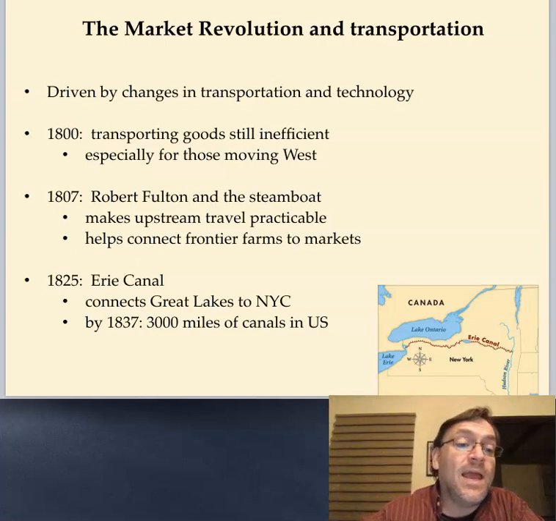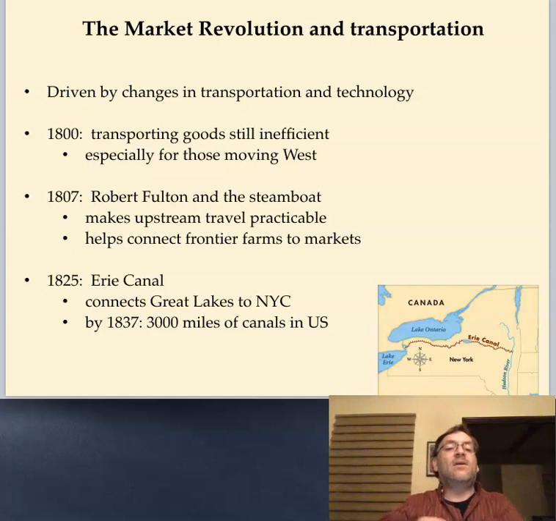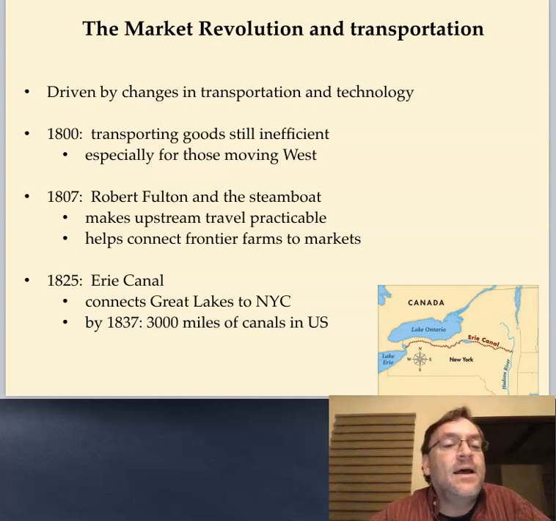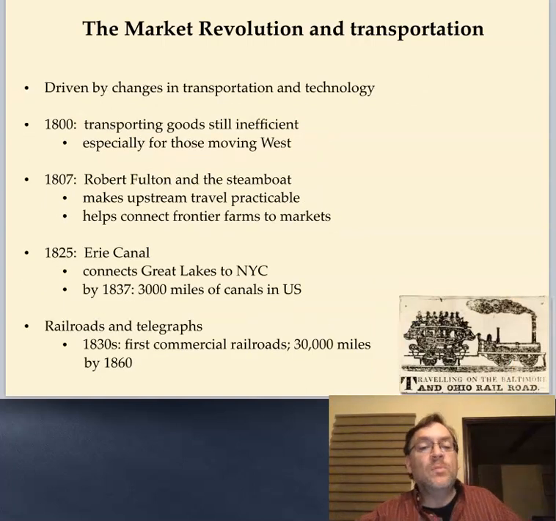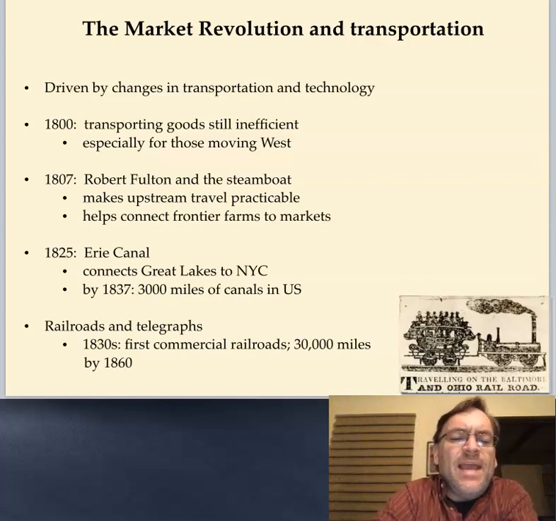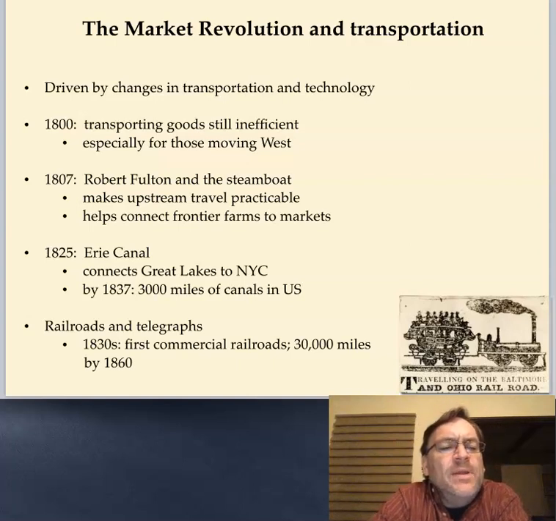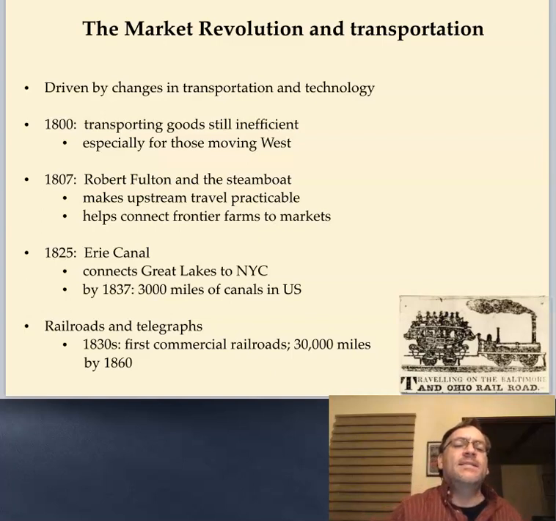However, in some ways, the canals are supplanted by another mania, a boom, and that is the boom of the railroads, which doesn't really develop in a complex way until later in the 19th century. But you have the first commercial railroads in the United States in the 1830s.